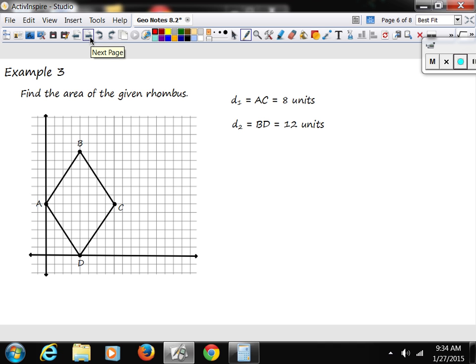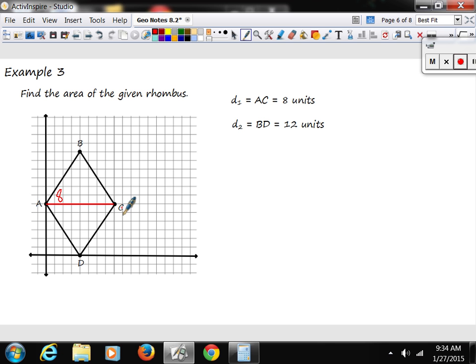Okay, a couple of quick examples here at the end. Find the area of that rhombus. They don't give us the sides. You could find the lengths of the sides using the distance formula, but if I was you, I would just find the length of each diagonal. Look at the red line that I just put in there. That length is 8. If you count straight across, it's 8.